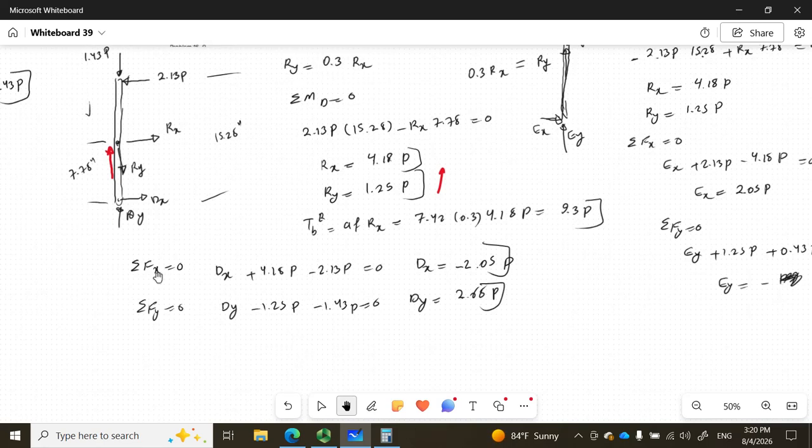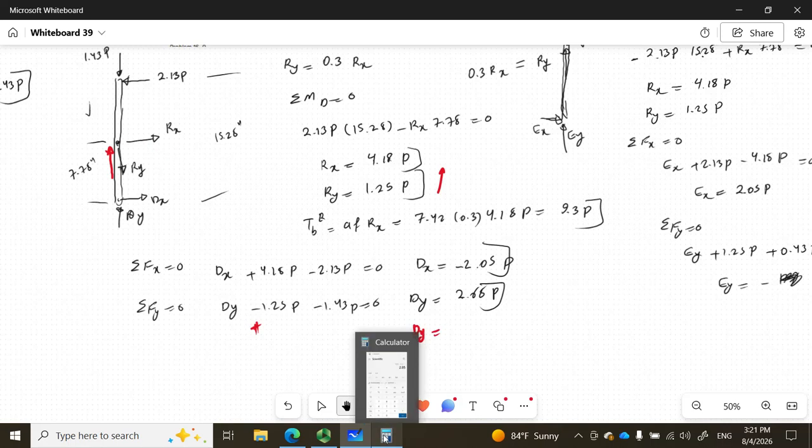So let's look at here. Summation of forces in Fx: Dx is not going to change because only Ry changed. Then if you do summation of forces in Fy, this time Ry was going down, now it's going to go up, so this will be positive. So Dy is going to change if the rotation is counterclockwise.